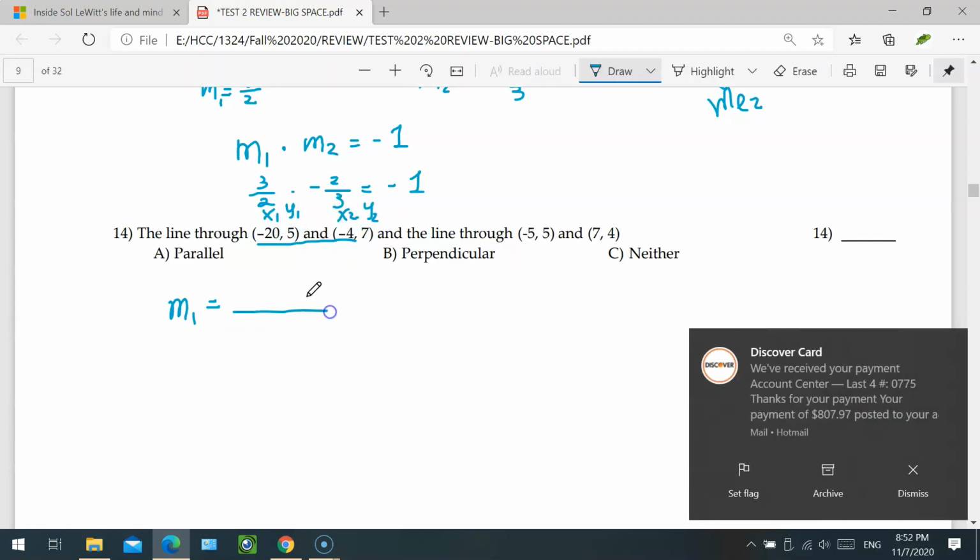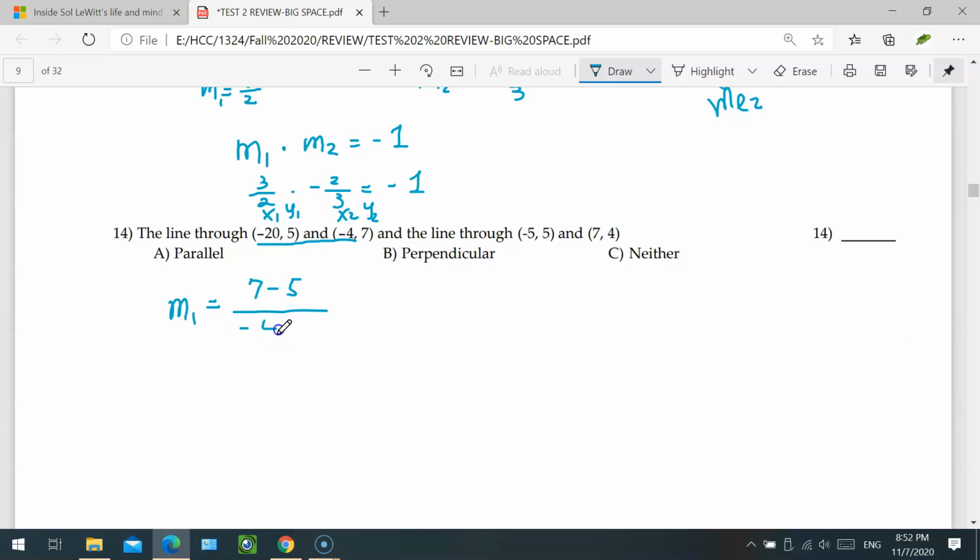So we use y2 minus y1 over x2 minus x1. We have 7 minus 5 over negative 4 minus negative 20. Now we have 2 over 16, so the slope of the first line is 1 over 8.